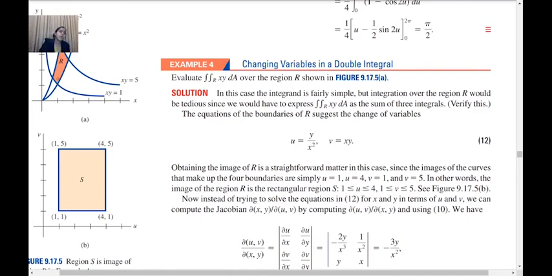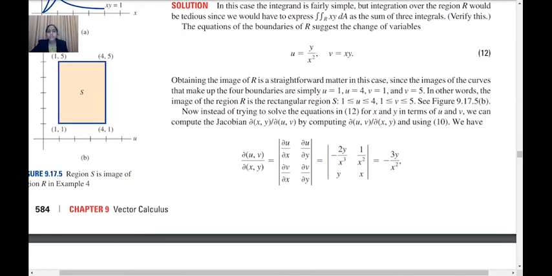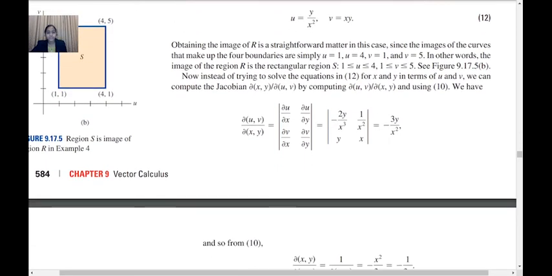So this complicated region becomes this simple region. Now we can determine the double integral once we know the limits. In this case, we have to determine the value of ∂(x,y)/∂(u,v).